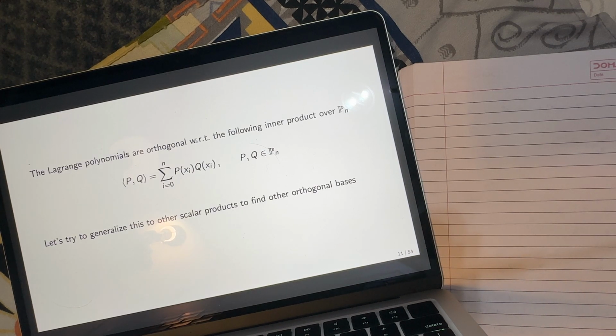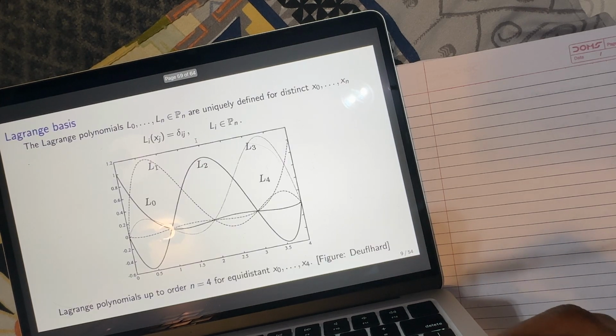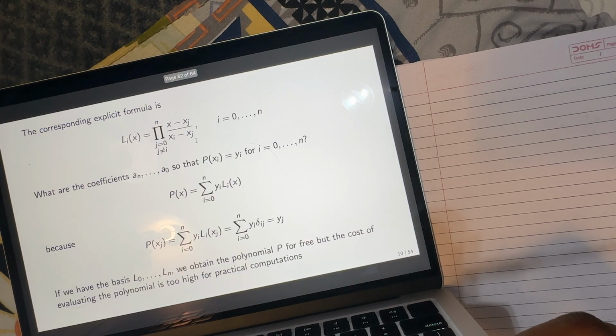The Lagrange polynomials are orthogonal with respect to the inner product. Let's try to generalize. Over this inner product, the Lagrange polynomials are orthogonal, because they are zero everywhere except their own point, and any two Lagrange polynomials are orthogonal with respect to this inner product.